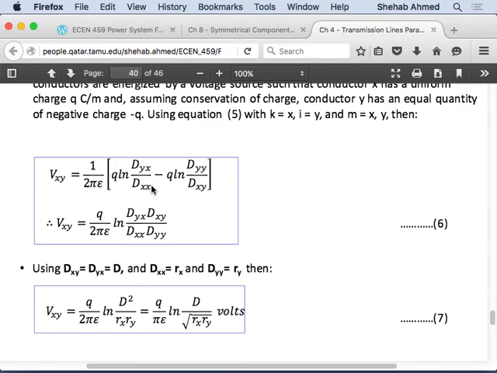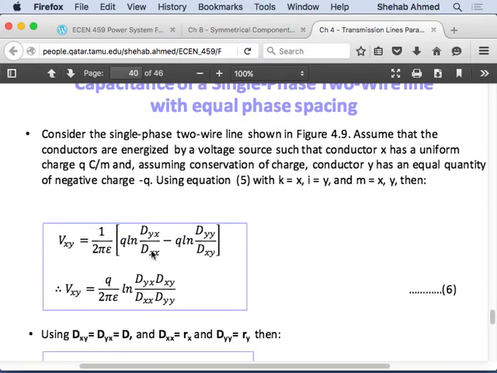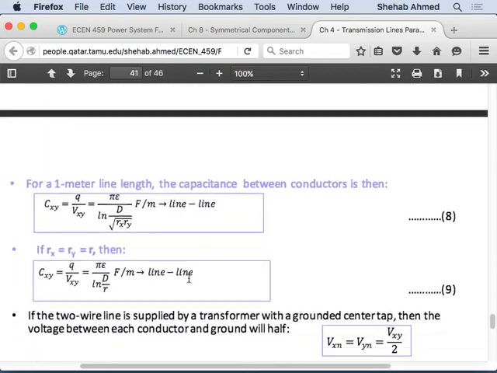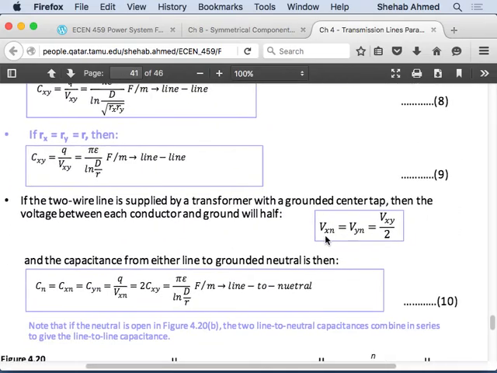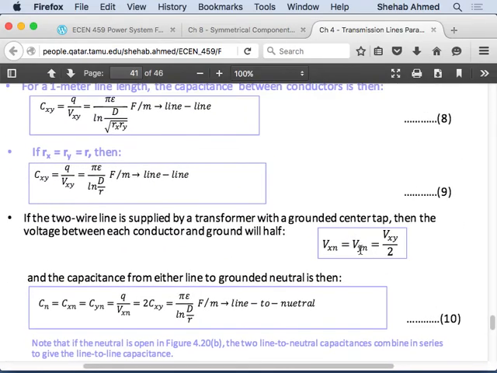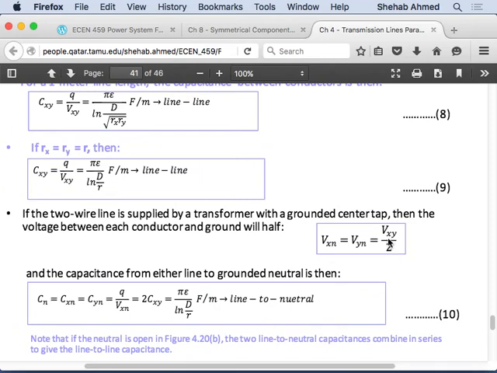So dxx is the radius and dxy is the distance. So it's exactly the same as for the voltage between two conductors, but divided by 2, right? The 2 does not cancel because we don't have this second term. That's the only difference here. So Vxn is equal to Vyn is equal to Vxy over 2. Does everybody see where this 2 came from?